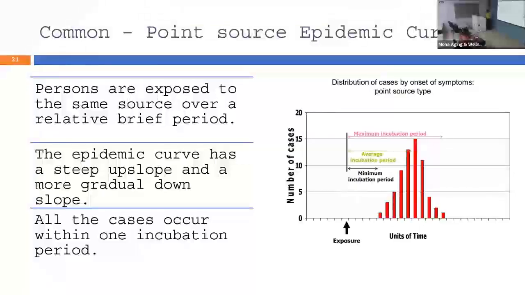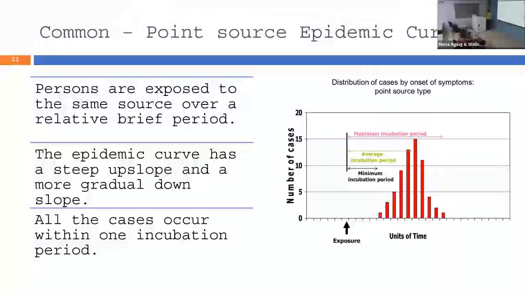All right, so this is a sample of the epidemic curve for a point source epidemic. Persons are exposed to the same source over a relatively brief period.